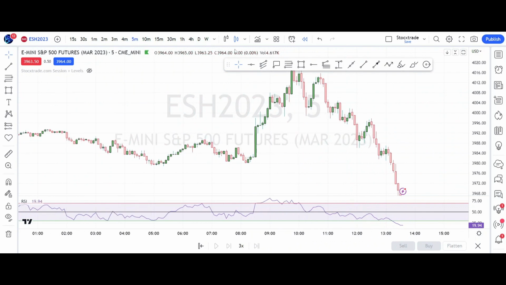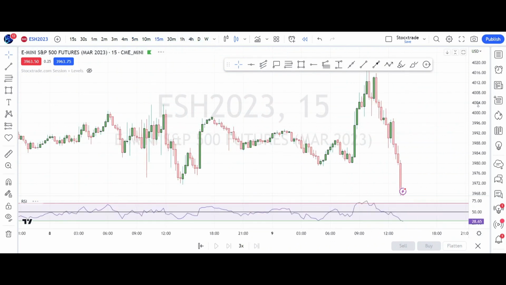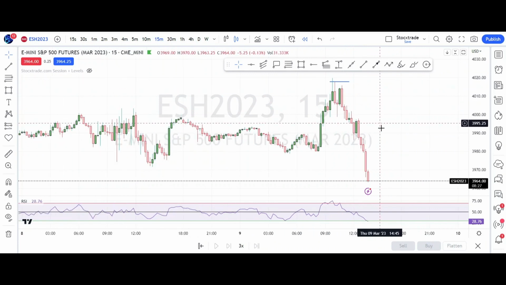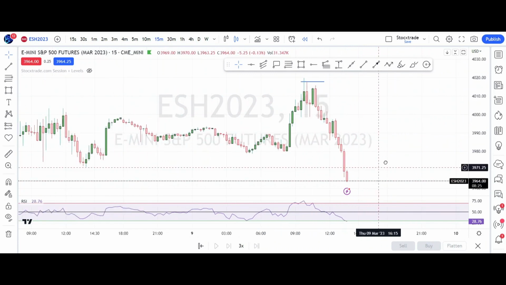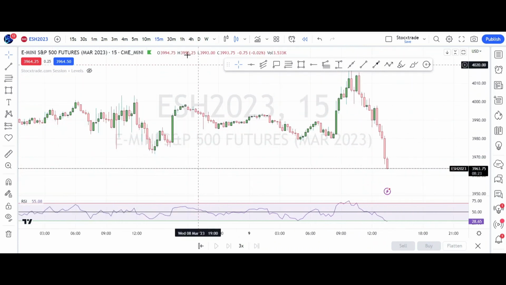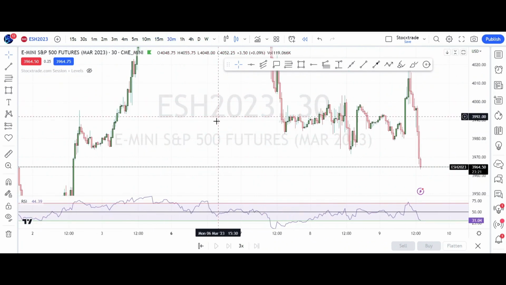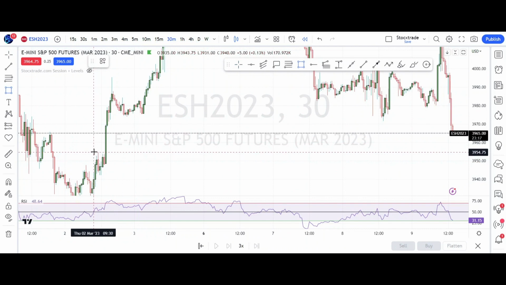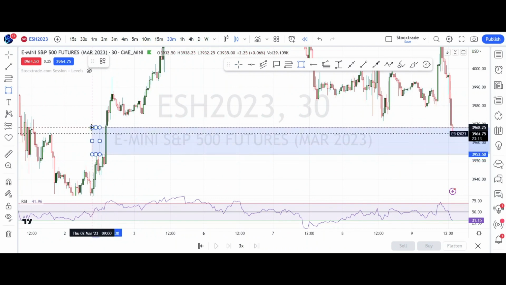Anyway, if we see the 15 minutes chart, the price went up here and is coming down somewhere. Which region? Okay, I saw this gap before.